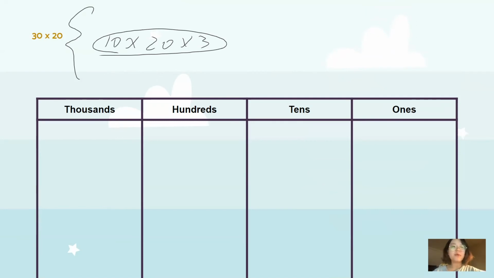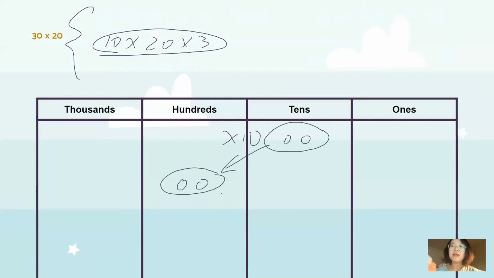So let me erase the rest of them. Okay, so what is 2 times 10? 2 tens times 10, sorry. So let's draw 2 tens first, and then circle like we always do times 10. So that will give us 200. So 2 tens times 10 equals 200.